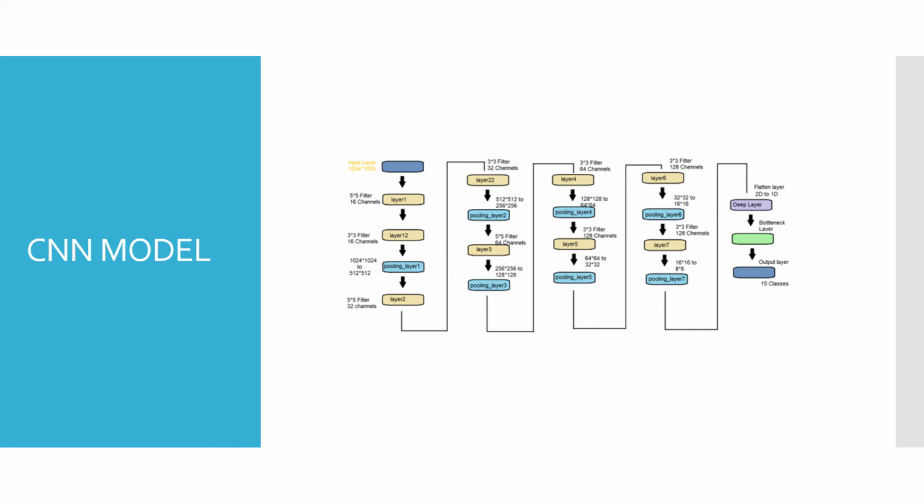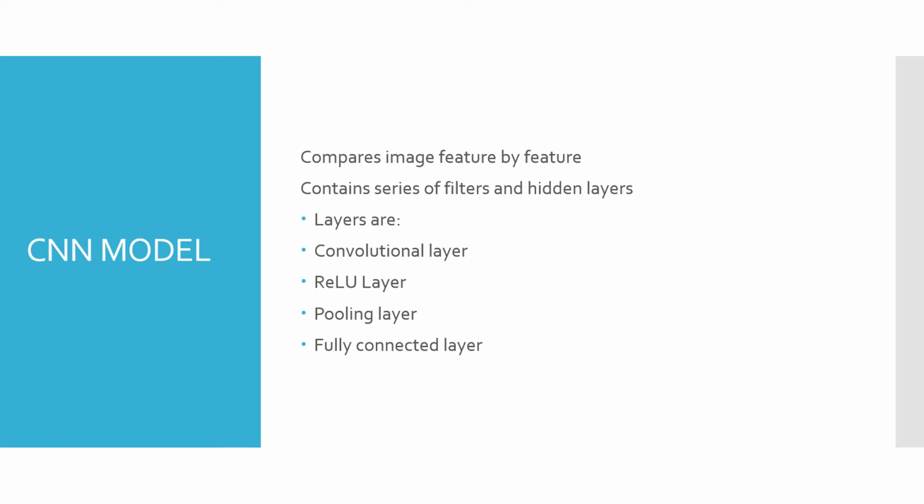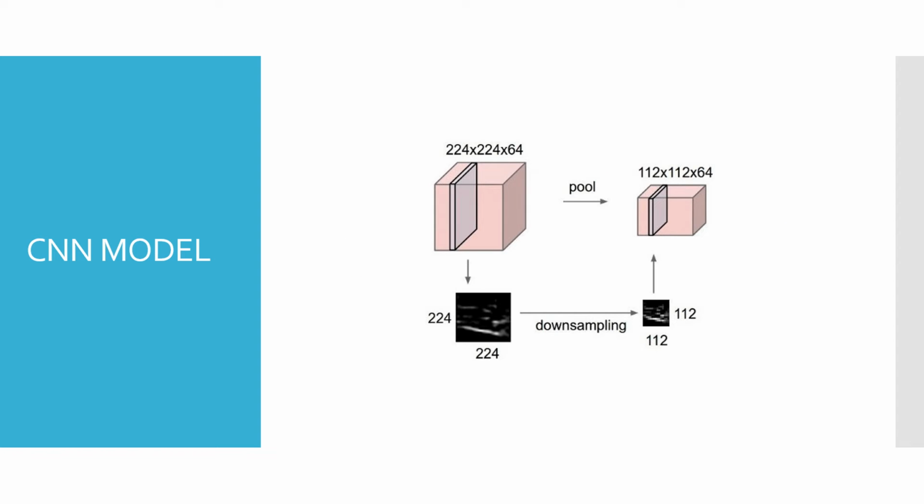And the final layer is the stack up layer, where the main use of stack up layer is that it will do the classification here, and it takes out the filter and shrinked images and put it into a single list. So this is the detail working here in the CNN model, where you can see an image showing the downsampling of a 3D image into a 2D image.